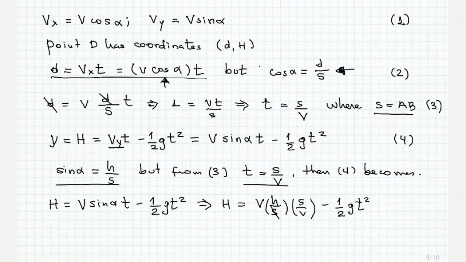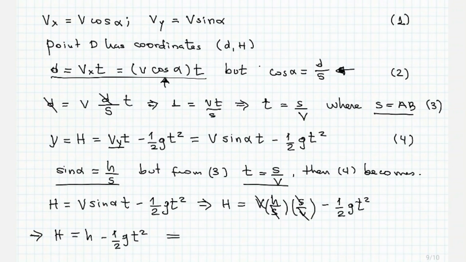This s cancels with this s. These velocities cancel each other as well, and I will have capital H is equal to h minus 1/2 of the gravity multiplying the time square.